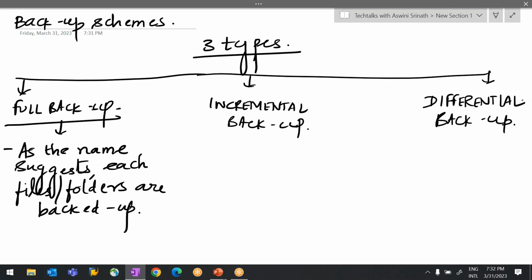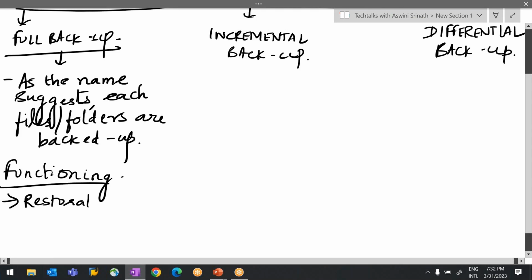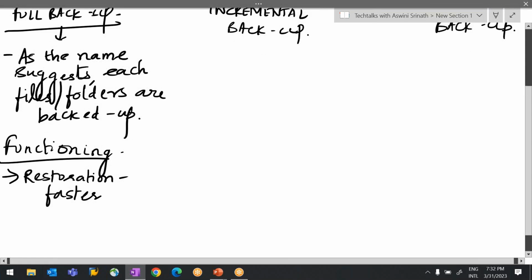So what is the functioning of full backup? How can you use a full backup? Restoration is faster, since by just one click of a button, you will get the entire backup of the data. So restoration is pretty fast.